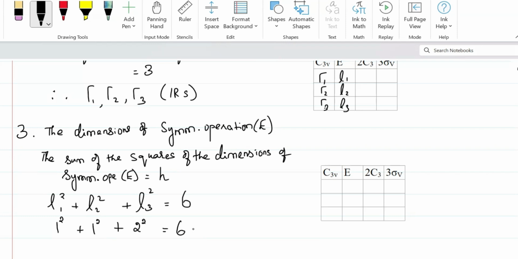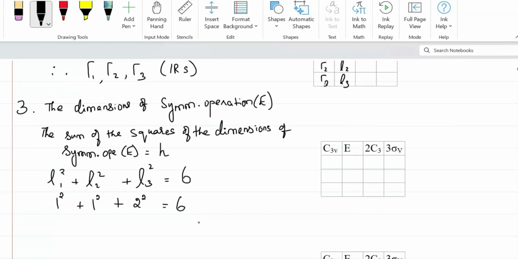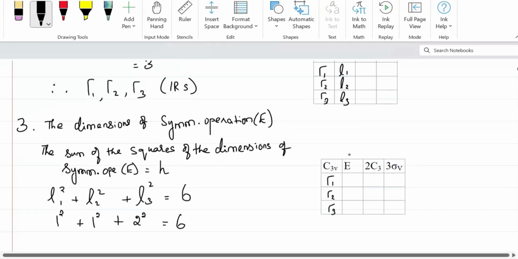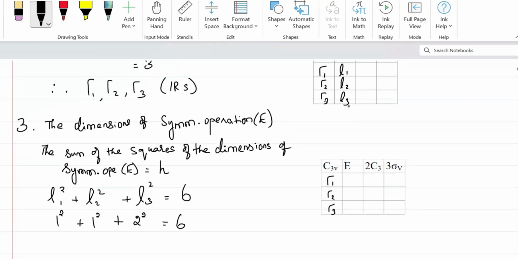Okay, so we have evaluated the dimensions of the point group, that is the dimensions of this group. So here come irreducible representations 1, 2 and 3. We have evaluated L1, L2 and L3 as 1, 1 and then 2.